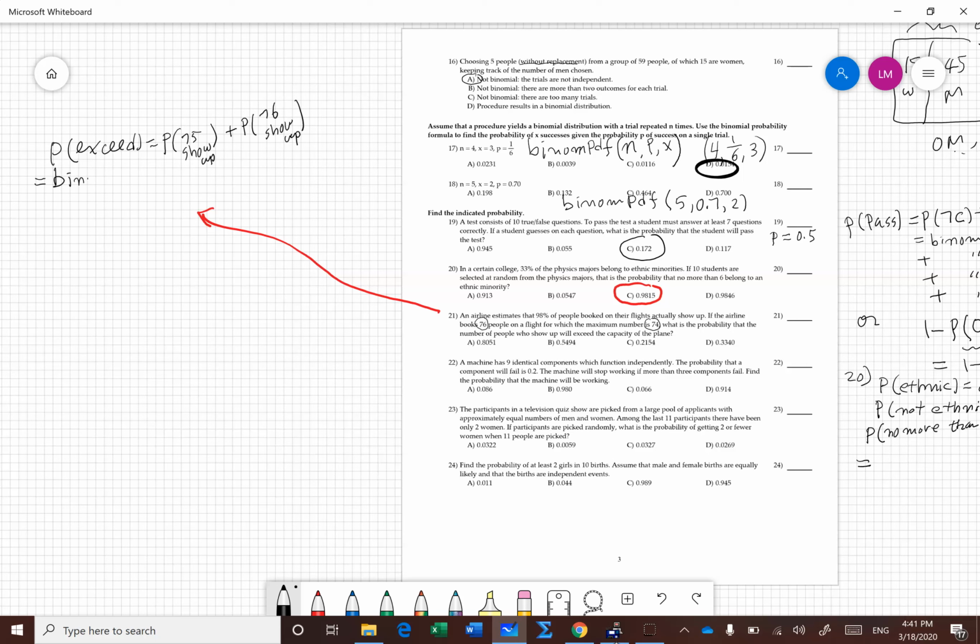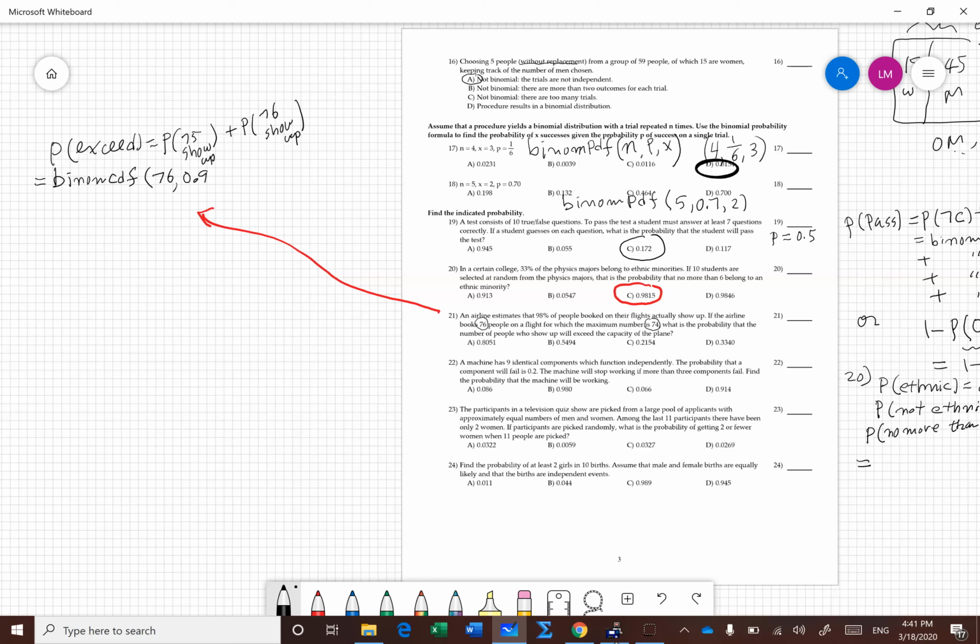So now, 75 showing up is binom. Binom CDF, because 0 to 75 people show up. Okay. So 75 show up out of how many? 76.